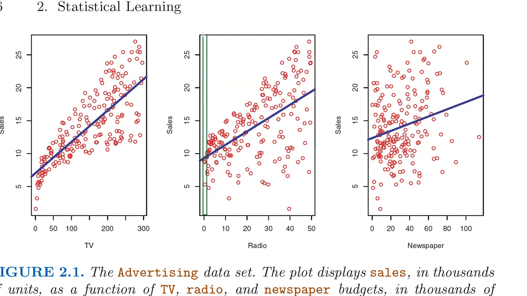So we actually have a couple of observations, and each data subject was a market. So think of each red point as representing the data for maybe different geographical regions. So for example, in the US, we have maybe the 100 largest cities where we are advertising.